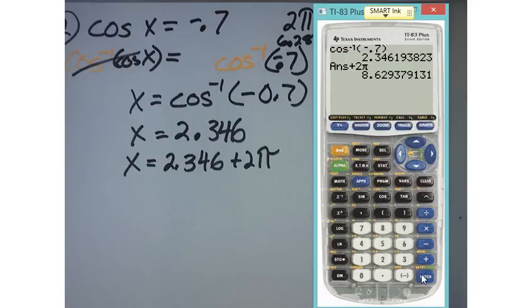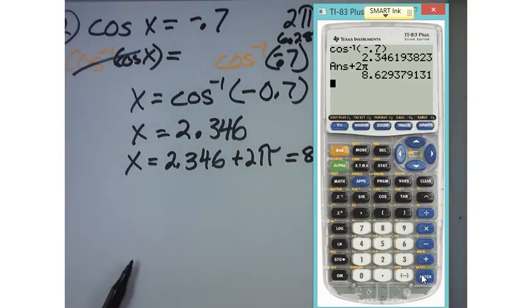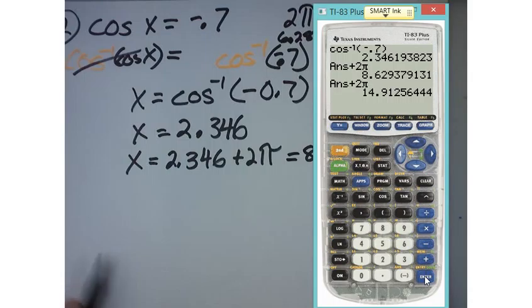Well, that certainly fits, doesn't it? So that would be 8.629. And then if I add 2 pi one more time, now that's too big.